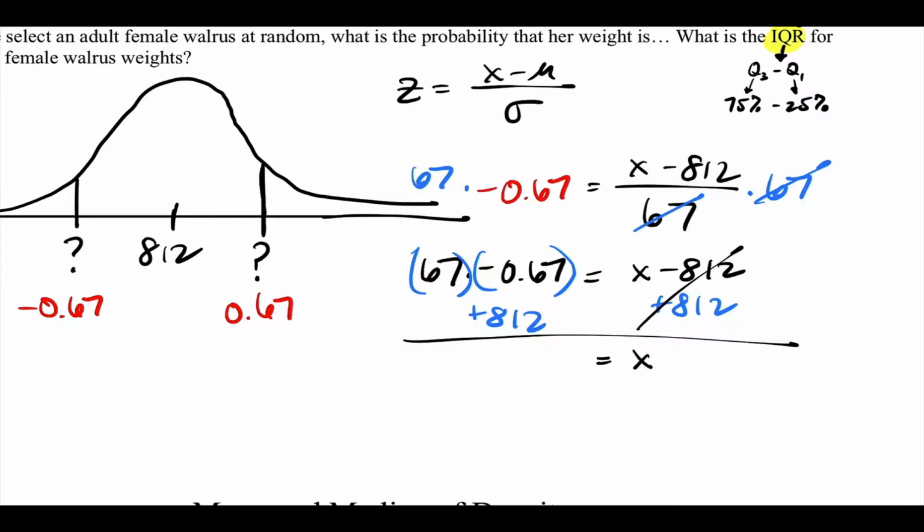What do you get when you multiply and add? $700 and something. 767.11. Good. So that's the first one.